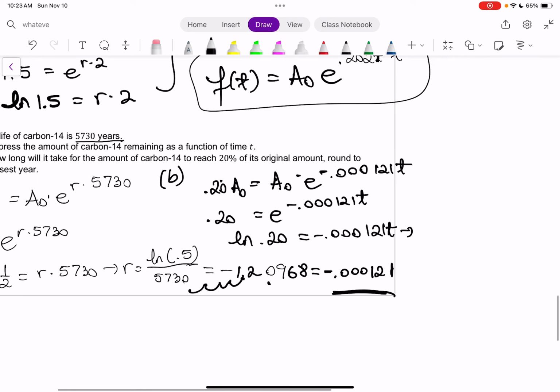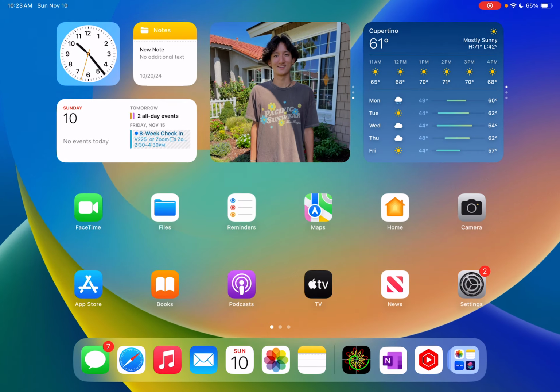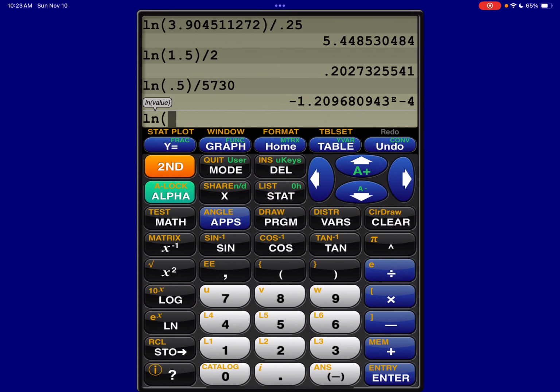So t is going to equal the natural log of 0.20 divided by this negative number, 0.00012. We rounded off all these to a 121, basically. What happened here? Oh, no. Okay, it's not natural log, sorry.